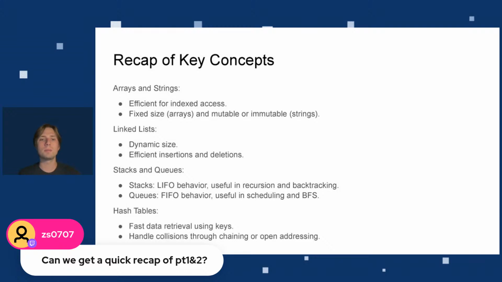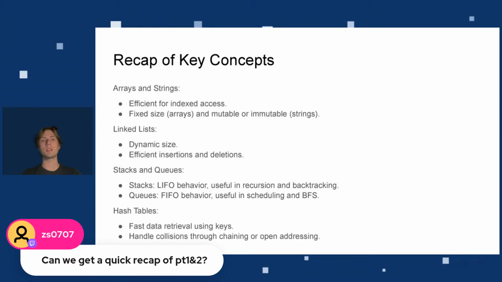Okay, and then we also had data types called stacks and queues. Stacks have last in, first out behavior, which is really useful for recursion and backtracking. Queues are a little bit different: they have first in, first out behavior, where you could use them for scheduling and tracking buffers, things like that.